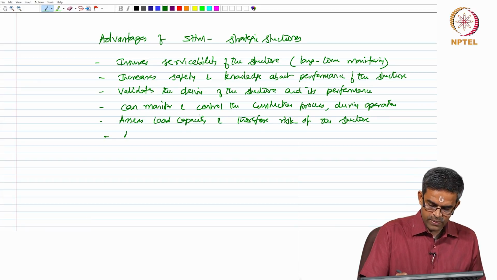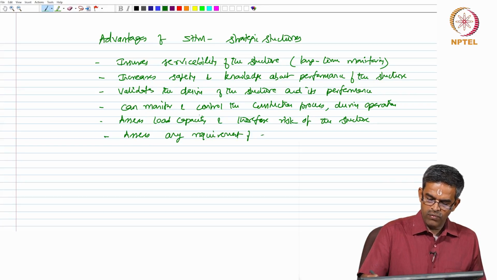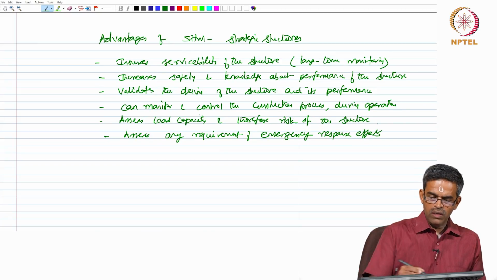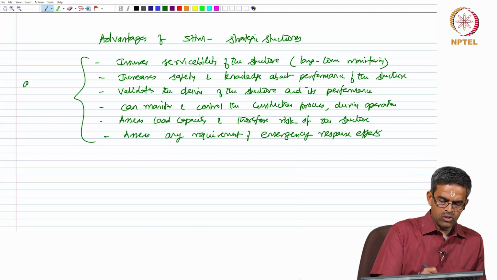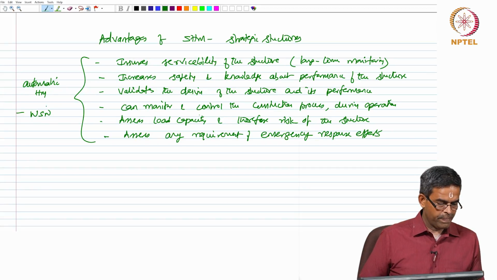It can assess any requirement of emergency response efforts. All these are possible once you do automatic health monitoring, which is generally done using wireless sensor networking.